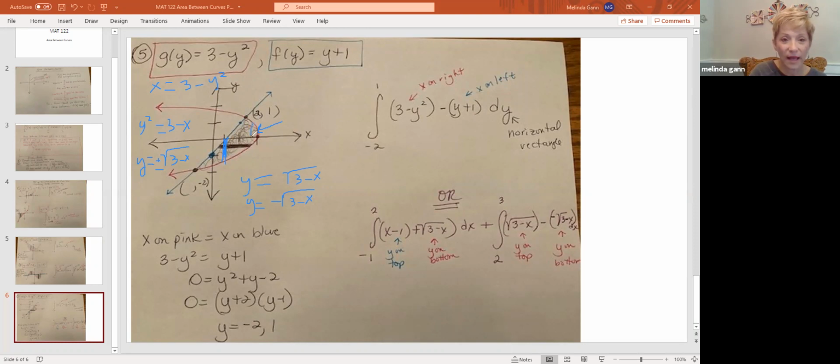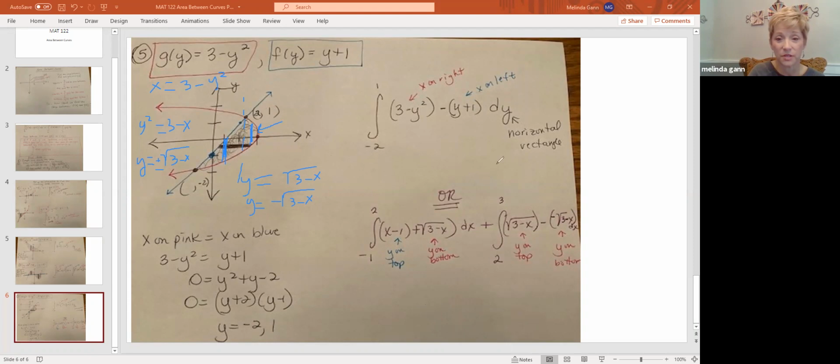When I get over here though, if I draw it vertical, I've got pink on the top and pink on the bottom. So what I could do is look and see where it changes. Before I get to this dotted line, it's blue on the top and pink on the bottom.